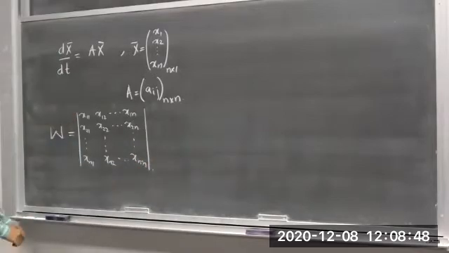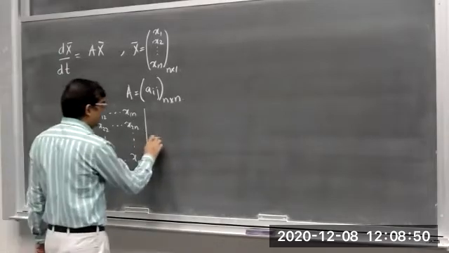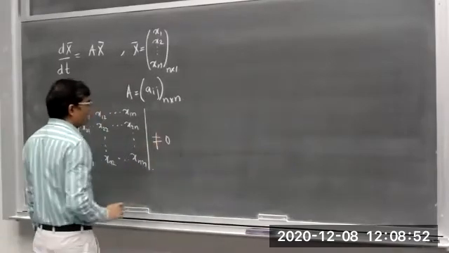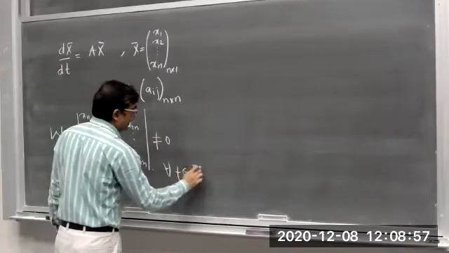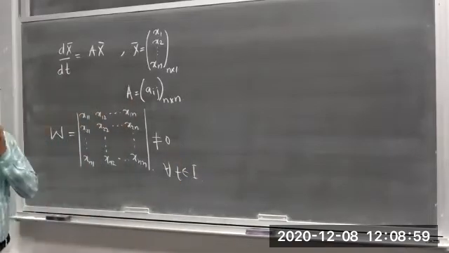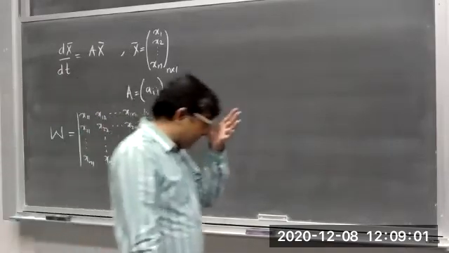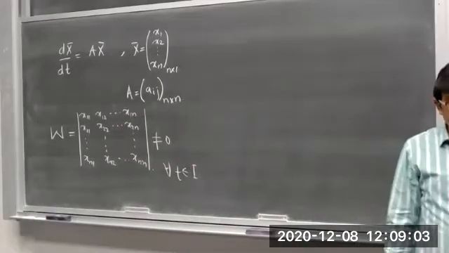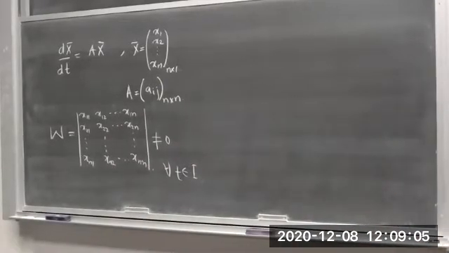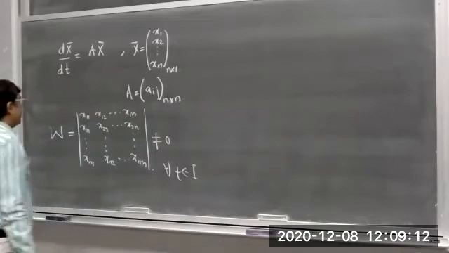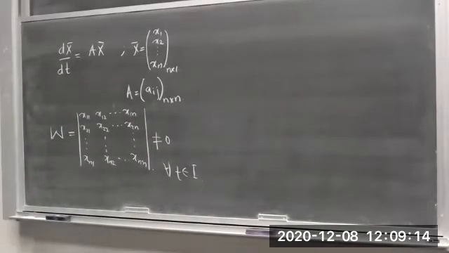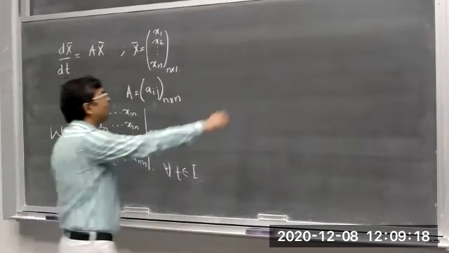So this was the Wronskian, and we discussed that the Wronskian should not be zero for all values of t belonging to some interval I. This was the definition of the Wronskian, used to check whether the given set of n solutions is linearly independent or not. If the solutions are linearly independent, then we say that those solutions form a fundamental set.